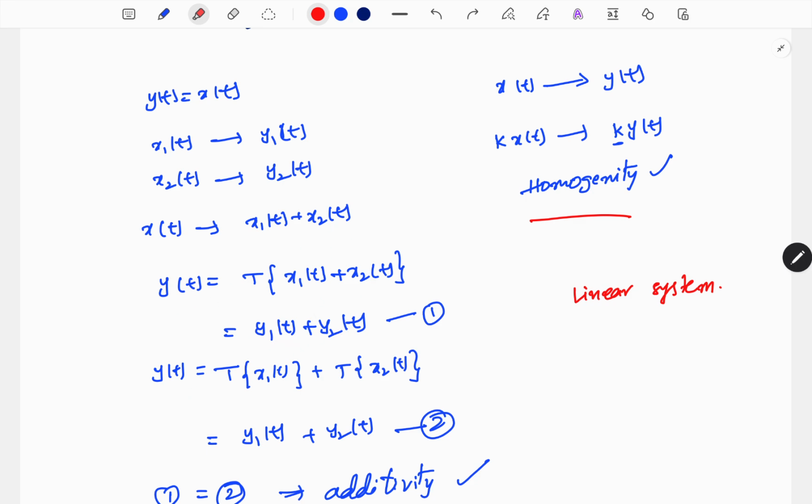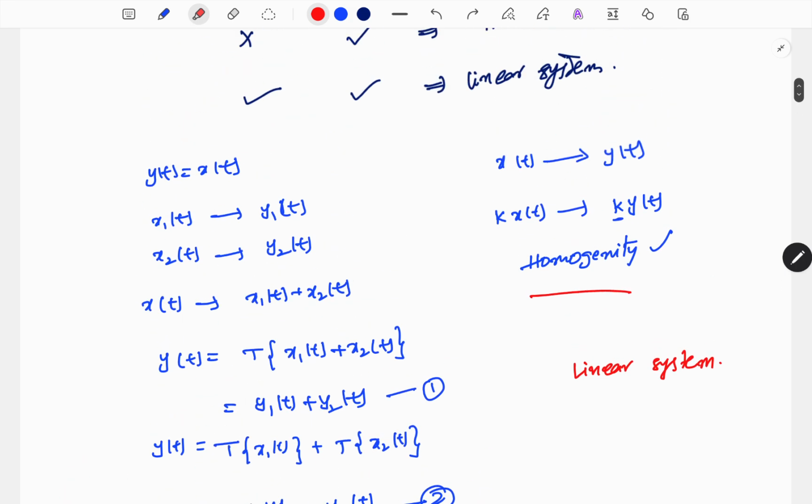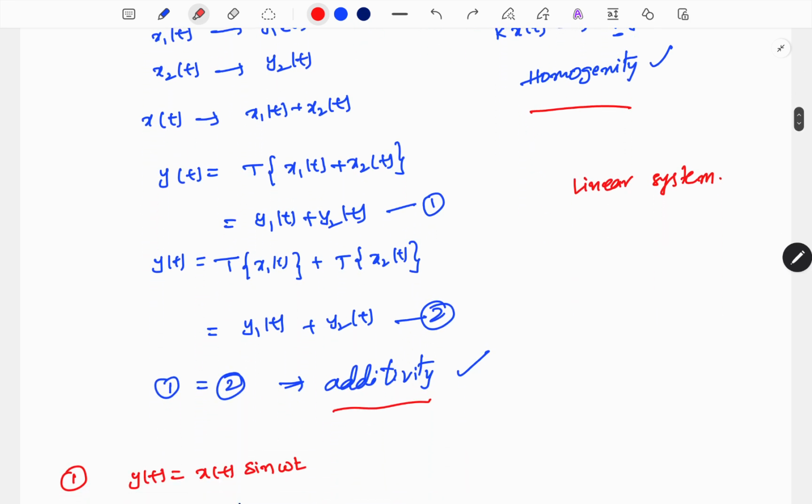If these two are equal, then it is known as the additivity condition. Homogeneity means the input is multiplied by some constant k, then the output must also be multiplied by the same constant k. If the system satisfies these two conditions, then it is known as a linear system.